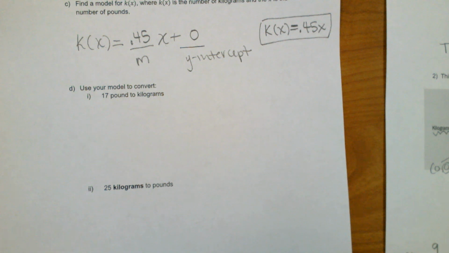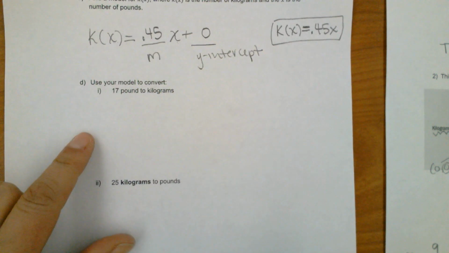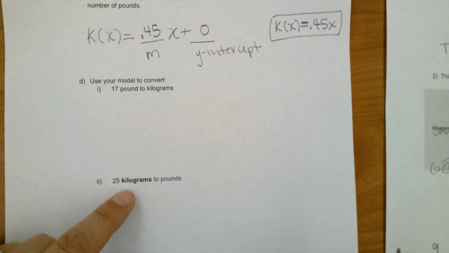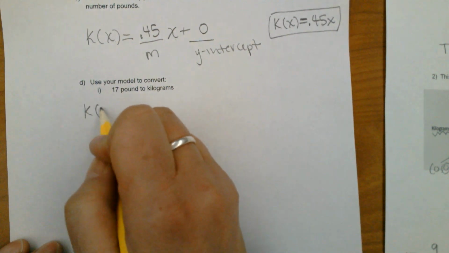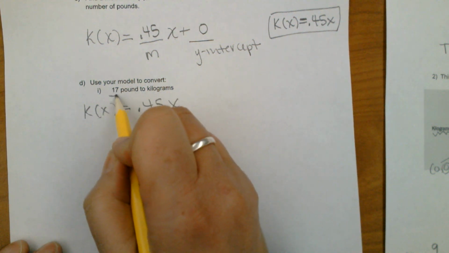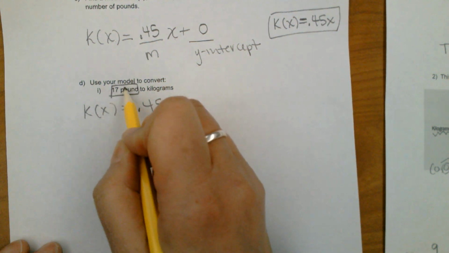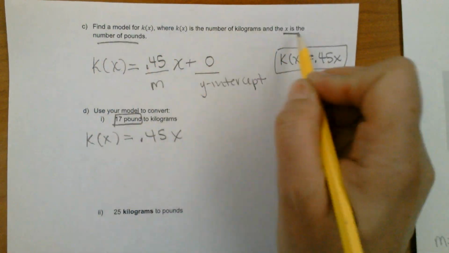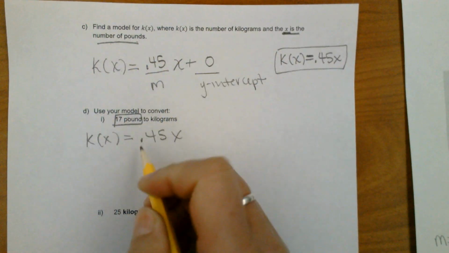All right, now we're going to use our model to convert pounds to kilograms and then kilograms to pounds. So they want us to bring this down, K of X equals 0.45x. And they give us pounds. Okay, so what is pounds? Pounds is X. See how it says X is number of pounds?